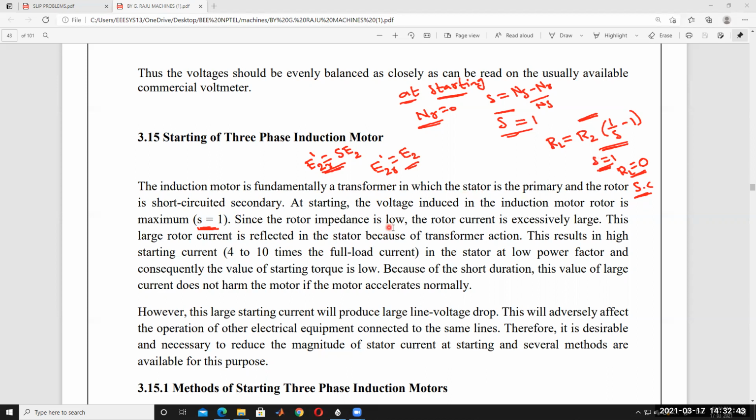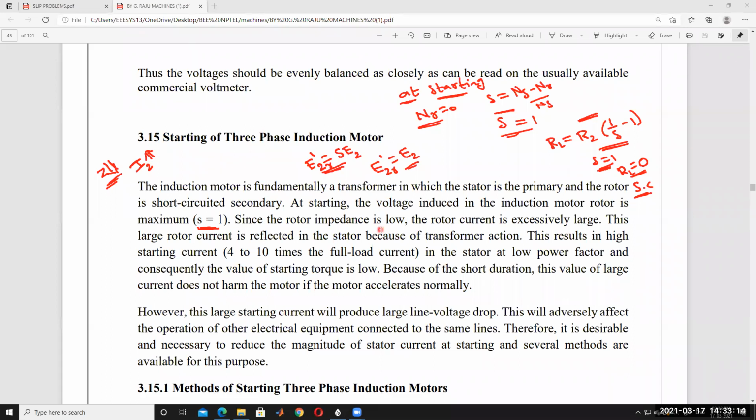Since the rotor impedance is low, the rotor current is excessively large. Am I right or not? The rotor current is nothing but I2. When the impedance offered by the induction motor is low at the time of starting, then current I2 increases at the time of starting. Understood?